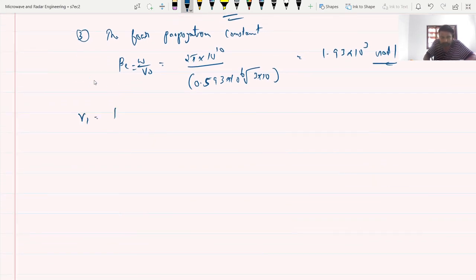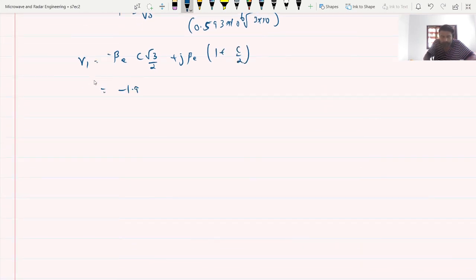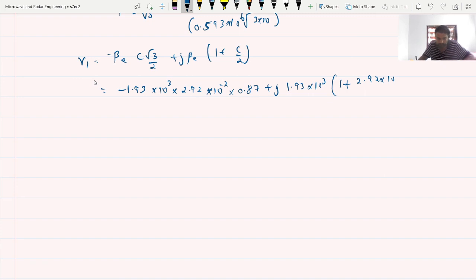So gamma 1 is nothing but minus beta e C root 3 by 2 plus j beta e into (1 plus C by 2), which is minus 1.93 into 10 cube into 2.92 into 10 raised to minus 2 into 0.87, plus j 1.93 into 10 raised to 3 into (1 plus 2.92 into 10 raised to minus 2 divided by 2).